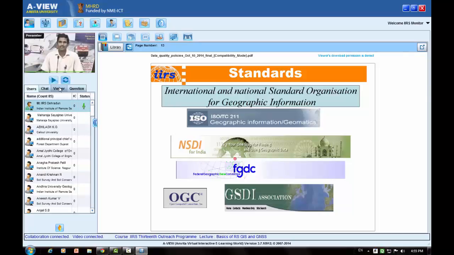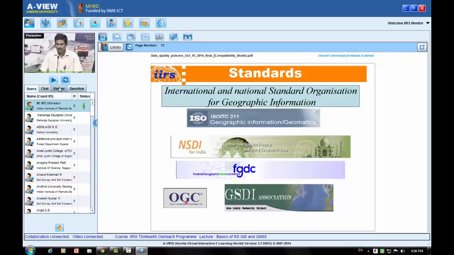Another very important one is the OGC, Open Geospatial Consortium. They give the standards, and they also qualify products. Suppose there is GIS software, whether it is as per the OGC specified standards is something like a quality stamp on the product.